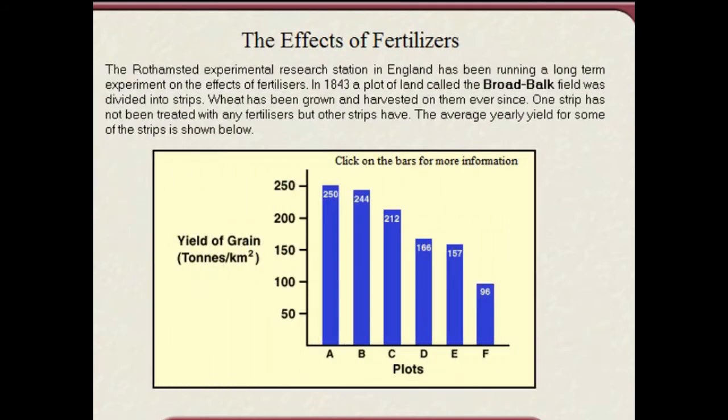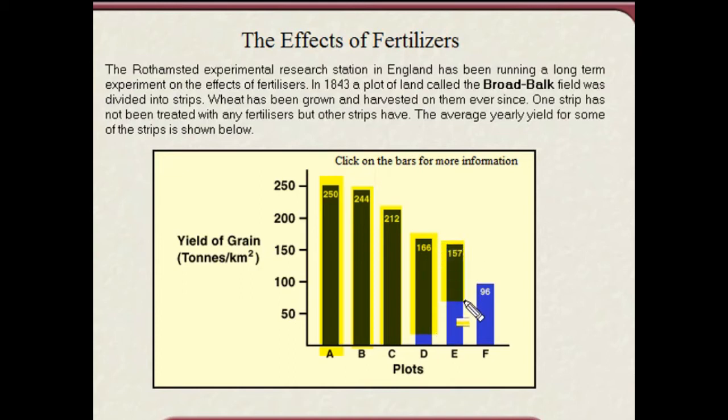The effects of fertilizers. The Rothamsted Experimental Research Station in England has been running a long-term experiment on the effects of fertilizers. In 1843, a plot of land called the Broad Balk Field was divided into strips. Wheat has been grown and harvested on them ever since. One strip has not been treated with any fertilizers, but the other strips have.